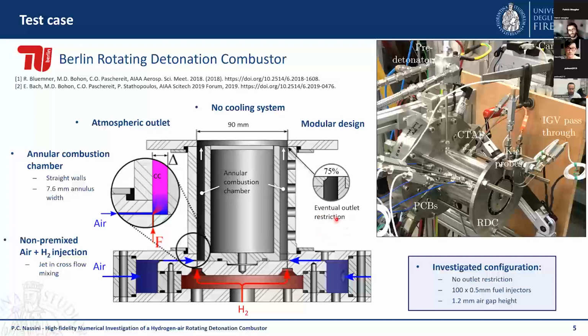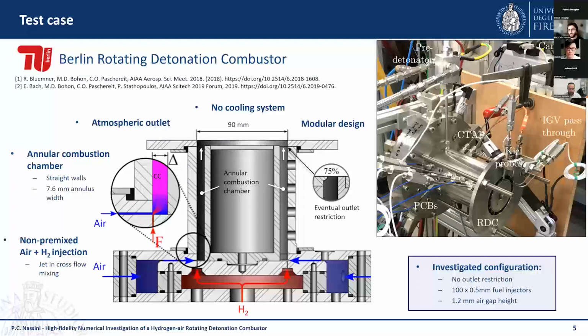In our specific case, we decided to test a configuration without any outlet restriction and with 100 fuel injectors of 0.5 millimeter diameter at the bottom of the combustion chamber, while the air gap height was 1.2 millimeters tall.